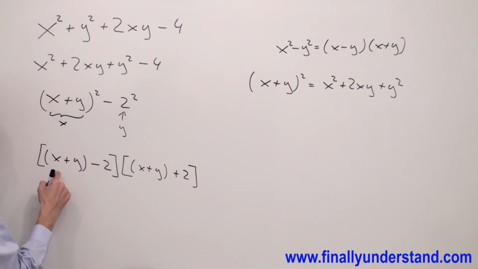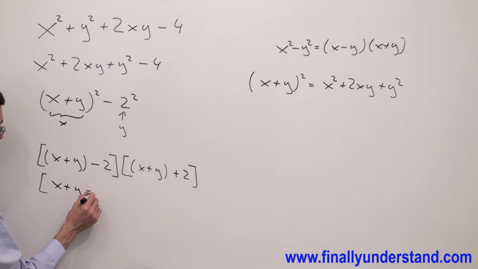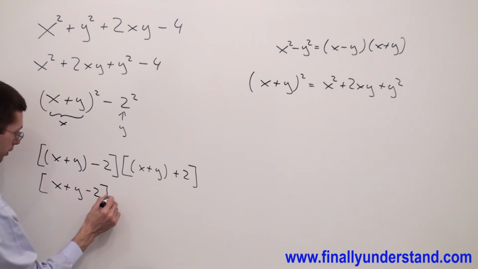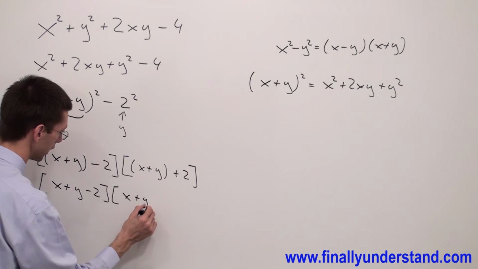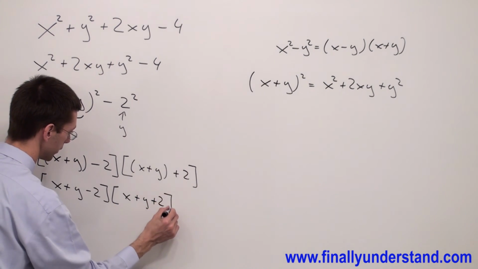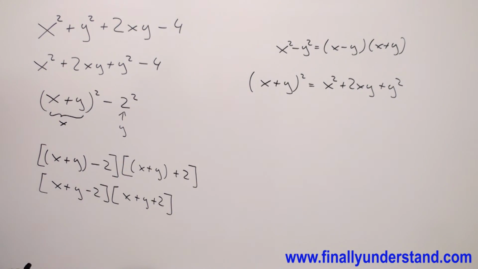Next, we're supposed to remove the parentheses. Okay, so I'm going to have x plus y minus 2, and over here I'm going to have x plus y plus 2. This is the solution to my problem.